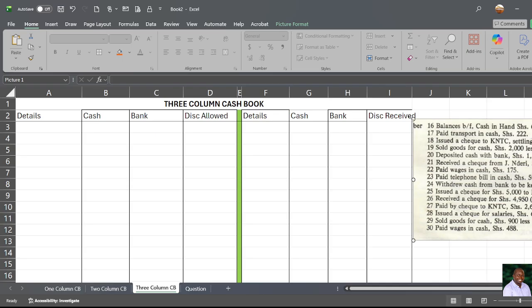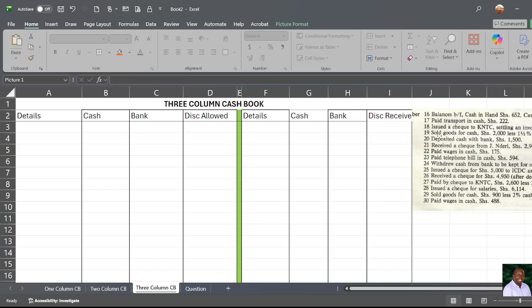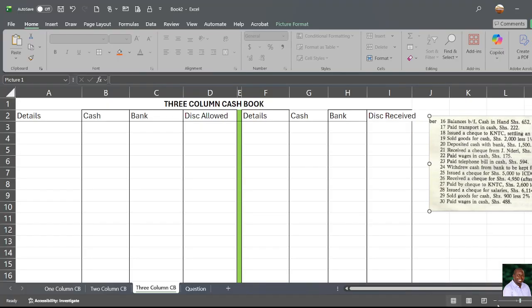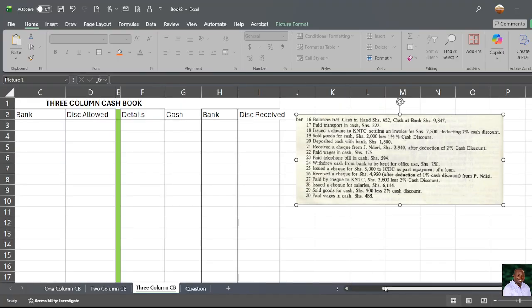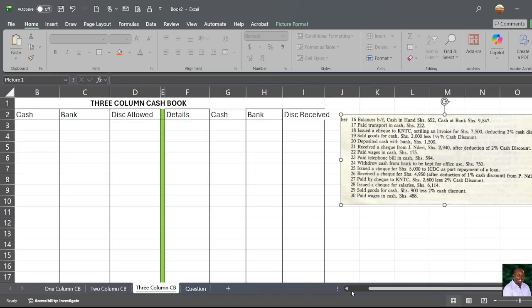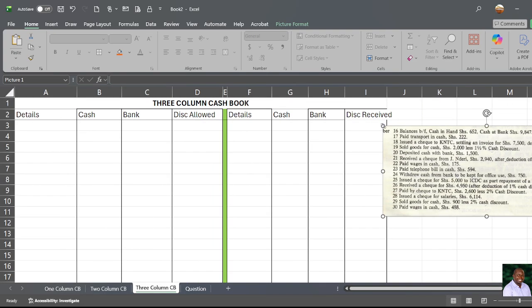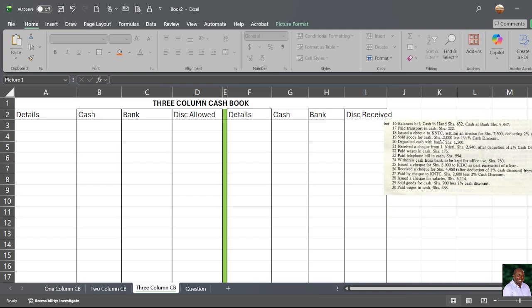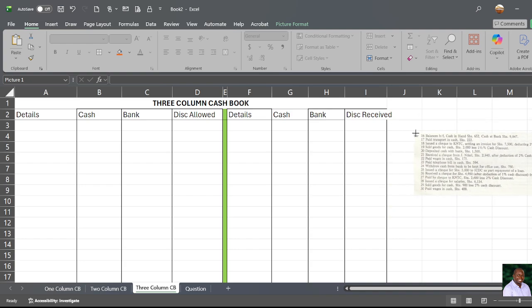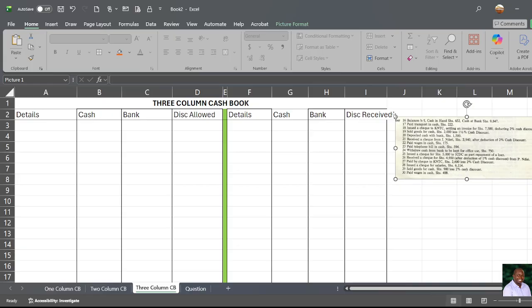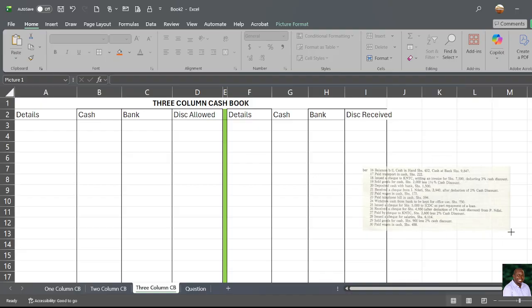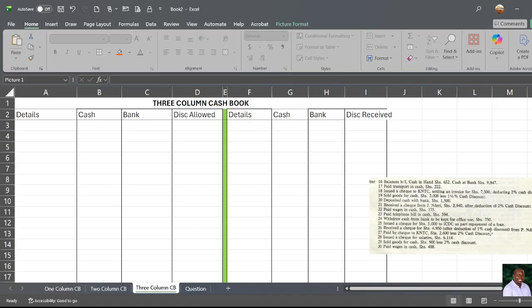Let me try to reduce it slightly, and also reduce our figures here so that it will work well. Yes, this will look good, slightly smaller.